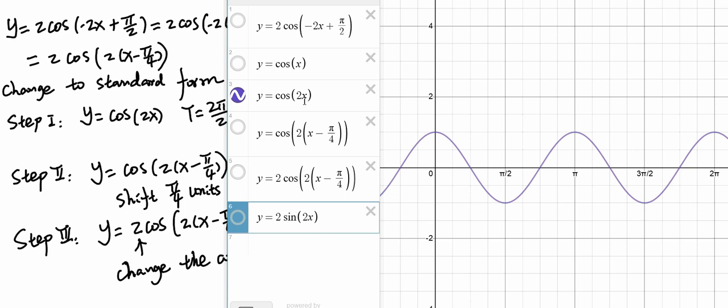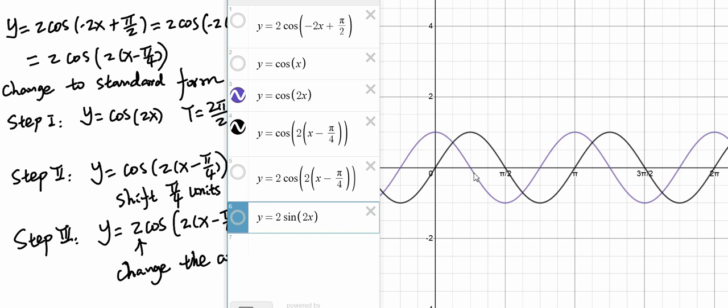Okay, now this pi over 4 is going to do the shifting work. So you can see if you draw this new graph, it is shifted from the original one.